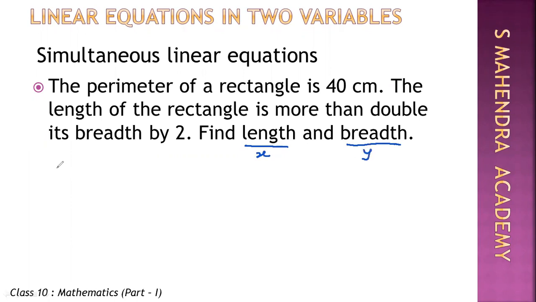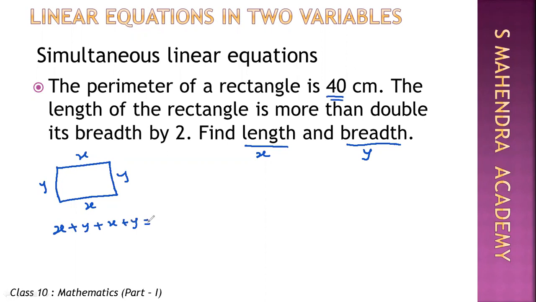Now the rectangle having the length x and breadth y will have the perimeter as addition of all sides, that is x plus y plus x plus y is equal to 40.